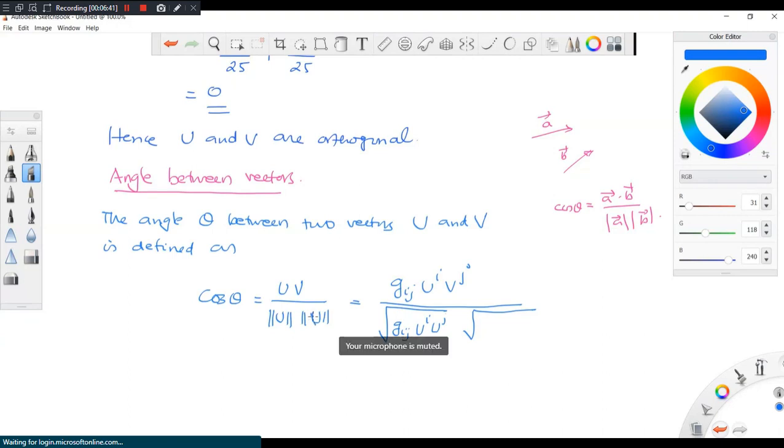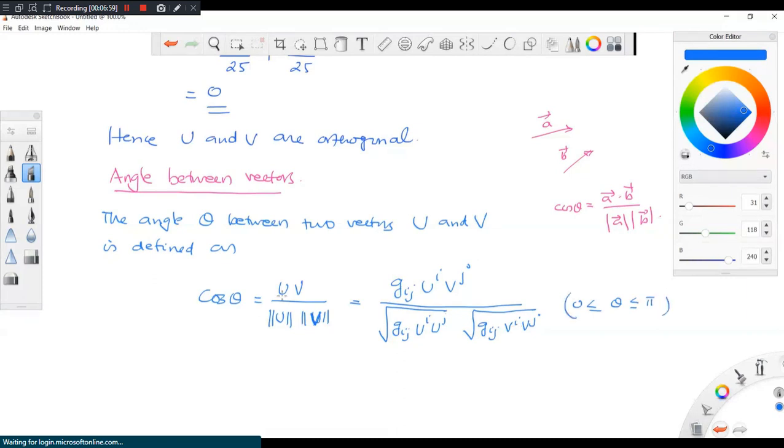Right. This is V. Good. So here this will be g_ij v^i v^j. Okay. So I take 0 less than or equal to theta less than or equal to pi.